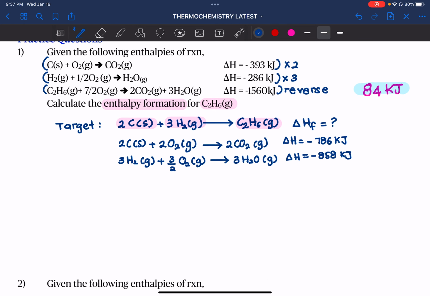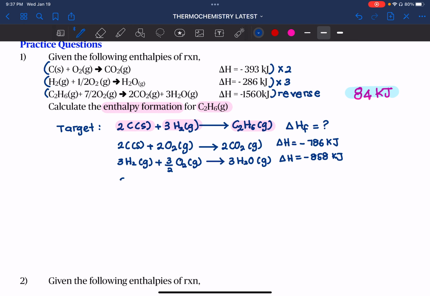Bila kita reverse, so 2CO2 plus 3H2O gas equals to C2H6 gas plus 7/2 O2 gas.